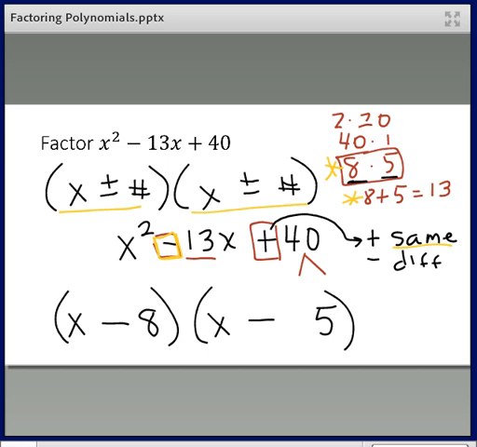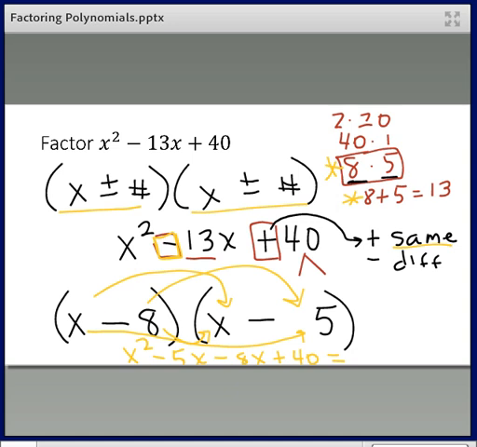Please don't be afraid to check your work and make sure you're right. How would I check? I would FOIL. X times x is x squared. X times negative 5 is negative 5x. Negative 8 times x is negative 8x. Negative 8 times negative 5 is positive 40.